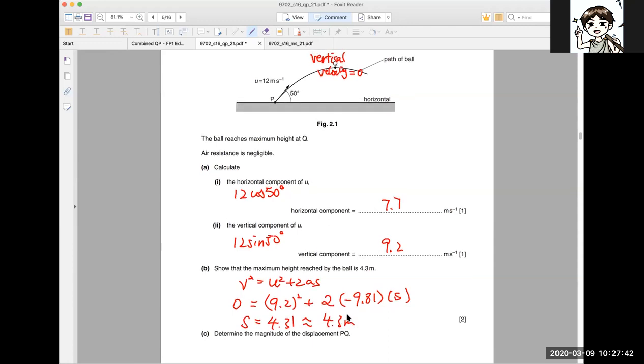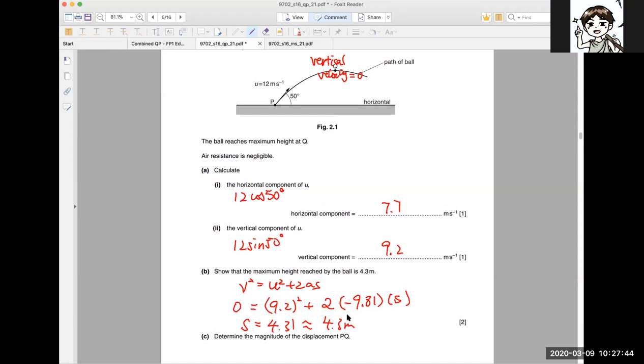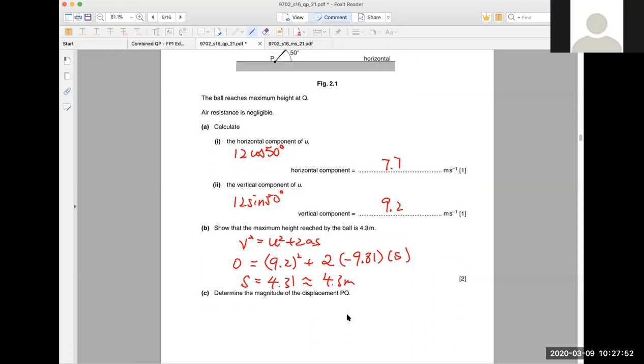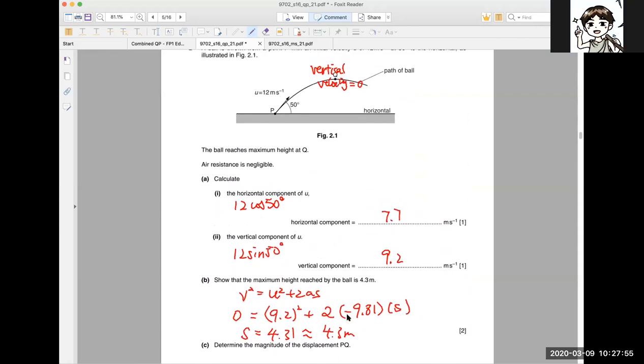Then determine the displacement of PQ. How can you do it? How many marks for C? 4 marks.